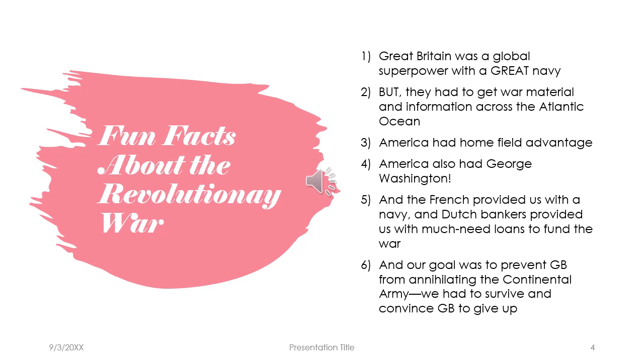Number one, recognize that at the time of the Revolution, Great Britain was arguably the world's most powerful nation. They had the world's most powerful navy because they were an island nation. That was going to be tough for us, right?